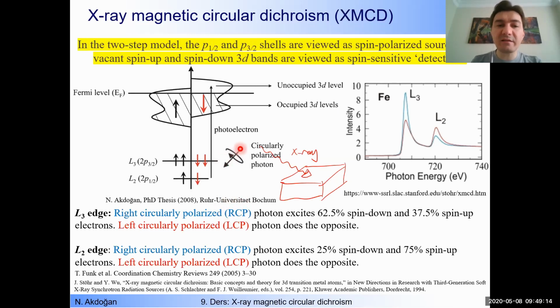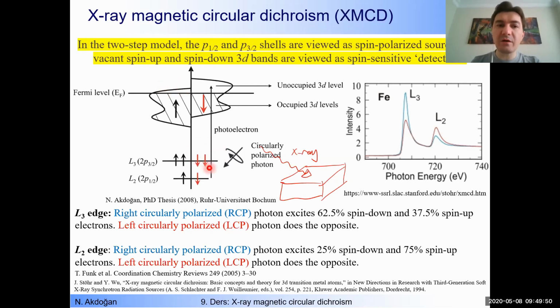So if you send RCP to that level, I mean you send photons with that energy with the RCP polarization, then you can excite 62.5% spin-down electrons to the 3D level, and you can excite 37.5% spin-up electrons. For the spin-up electrons, we don't have enough place here.